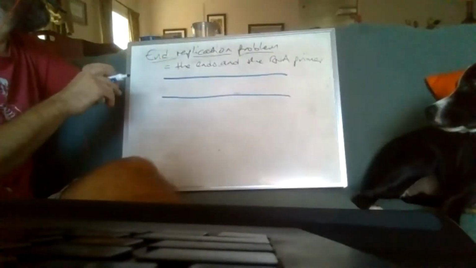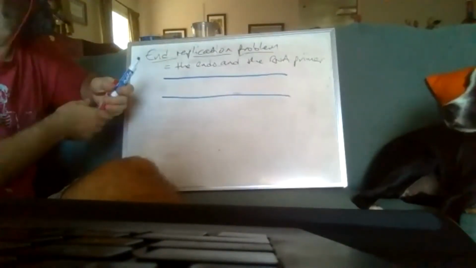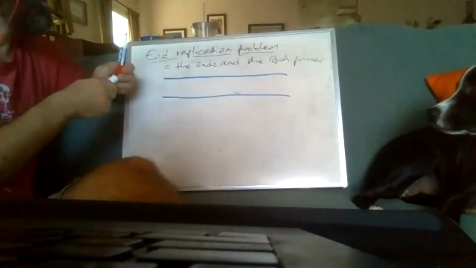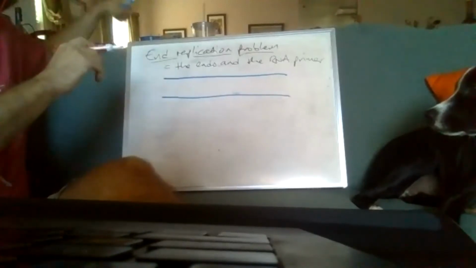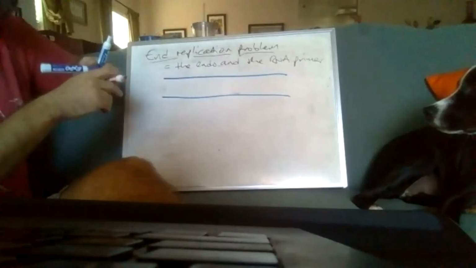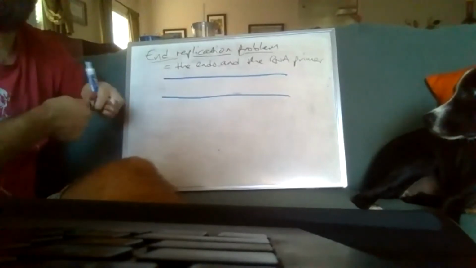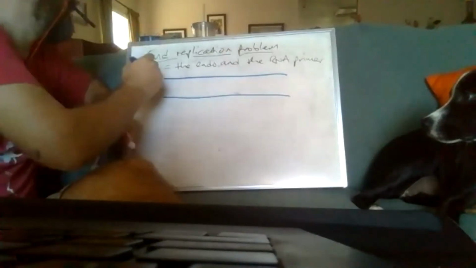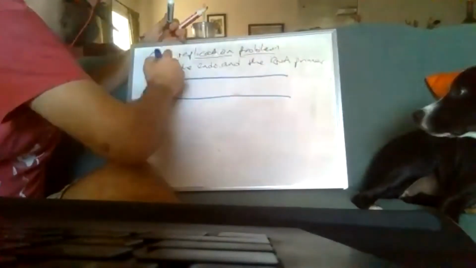Funny dog. Right, so this is the template DNA. Let's just make it simple, right? So this is 5'.